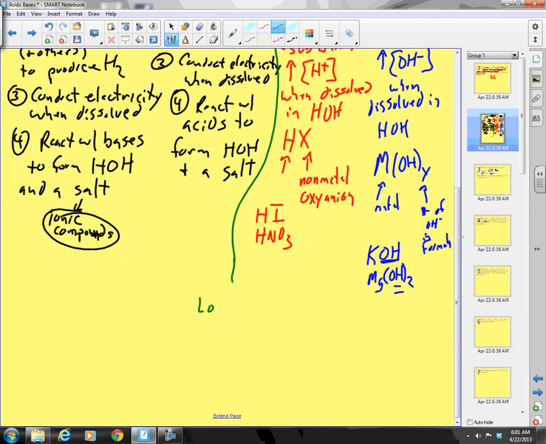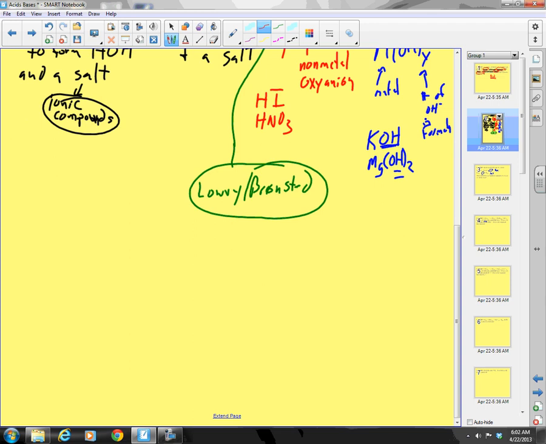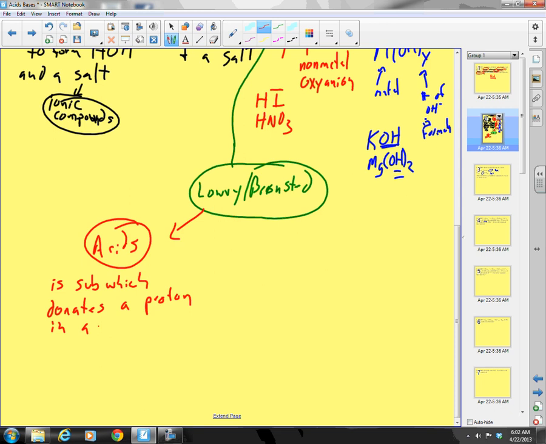Let's talk about Lowry Bronsted definitions. Lowry Bronsted definition of an acid. Are you ready? A Lowry Bronsted acid is a substance which donates a proton in a reaction.